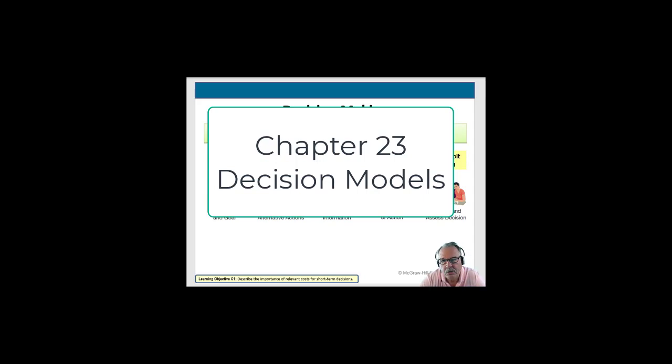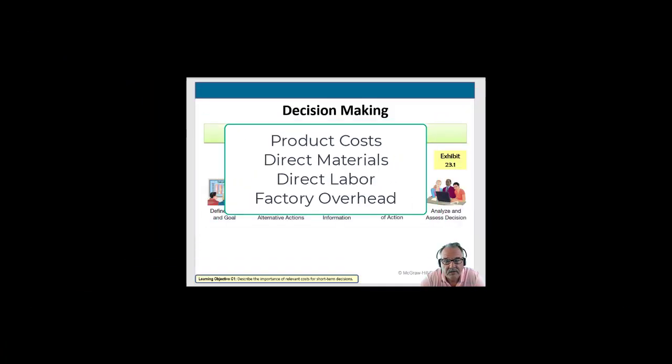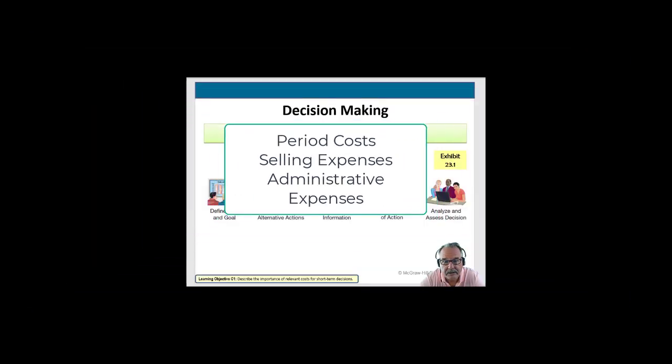This video is to present the concepts of decision making, chapter 23. So far this semester we have focused on understanding the different types of costs that are associated with a manufacturing environment, our three product costs, direct materials, direct labor, factory overhead, and our two period costs, selling and administrative expenses.